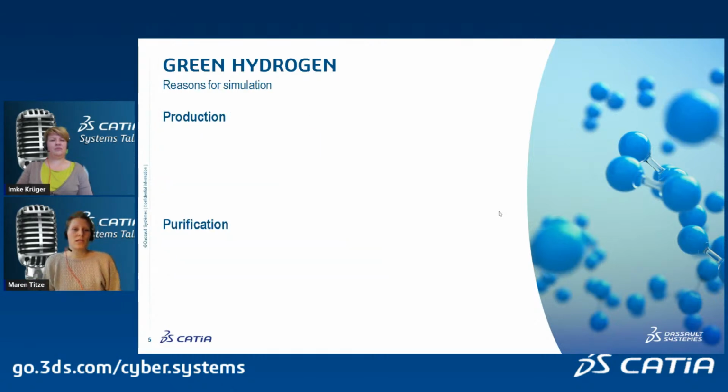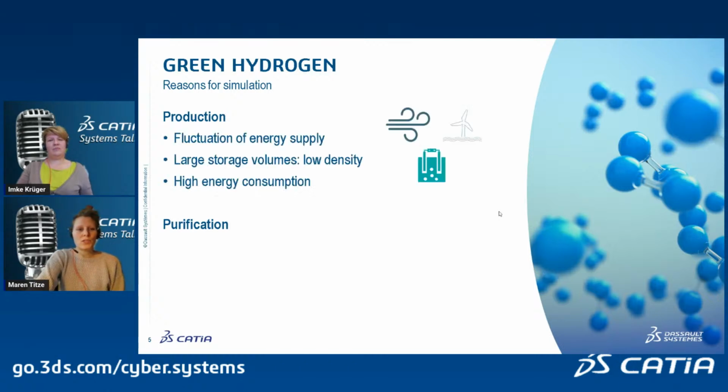Why do we simulate at all? For the production, there are some challenges. For example, we have a high fluctuation of the energy supply because we use renewable energies. Then there are large storage volumes due to the low density of hydrogen. And we have a high energy consumption with potential for optimization and reduction.